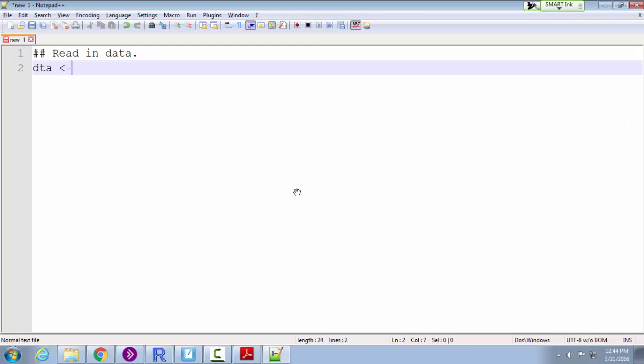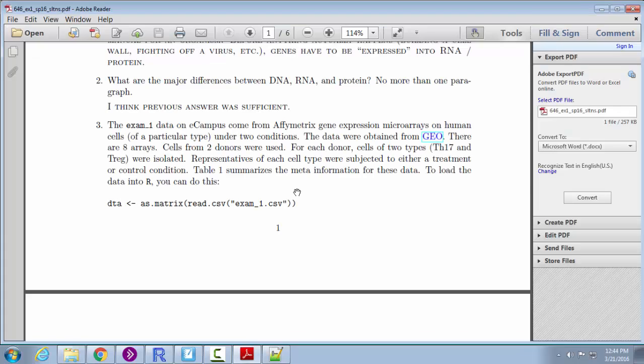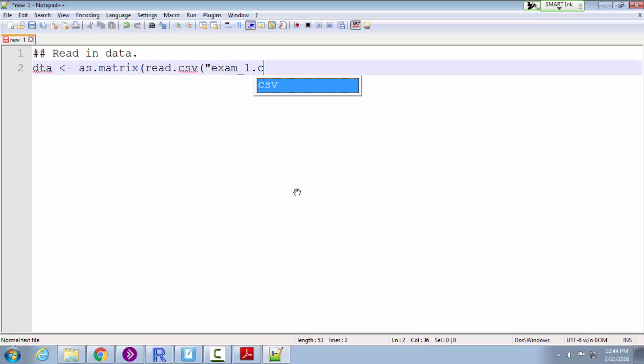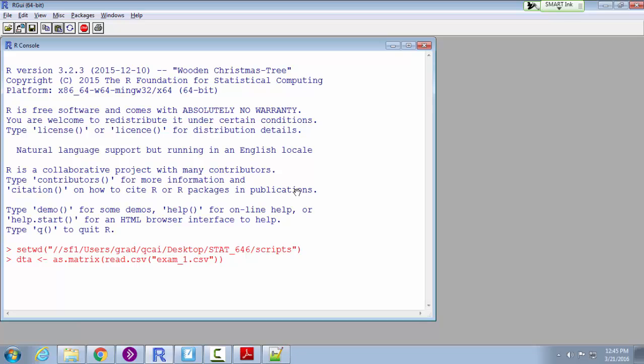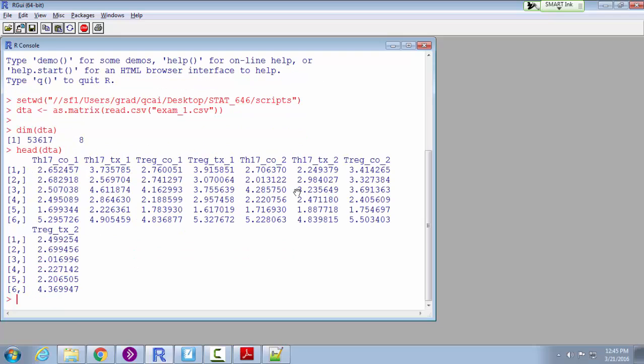So data is as.matrix to make sure I am not working with a data frame, Exam1.csv. Okay, so we have 54,000 genes. Here's the first 6 rows, and we can see the structure of the data by looking at the column names.